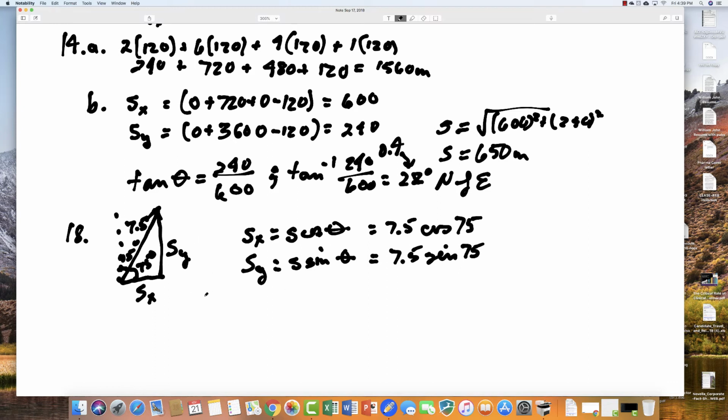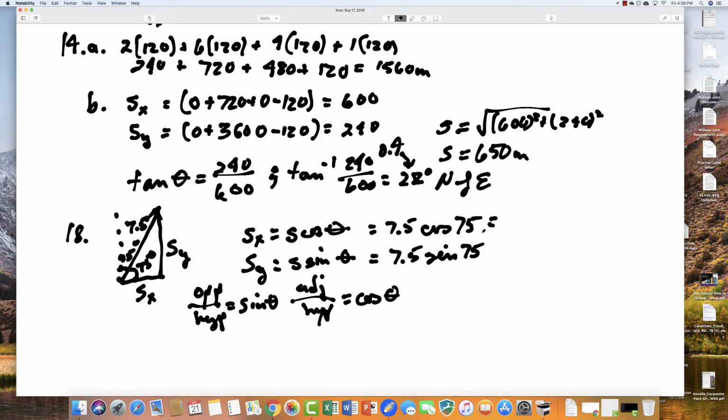Now remember, just as a review, the side opposite over hypotenuse is the sine of the angle, and the side adjacent to the angle over the hypotenuse is the cosine of the angle, of this angle 75.